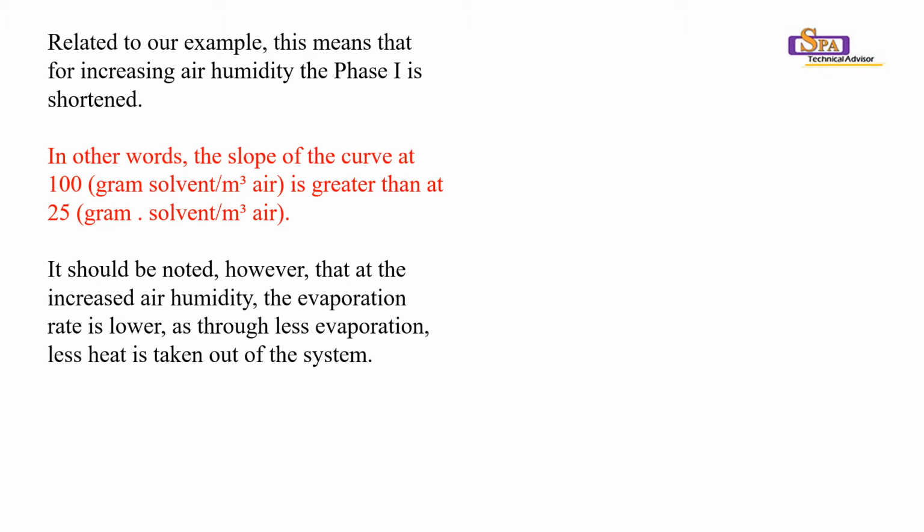Related to our example, this means that for increasing air humidity, the phase 1 is shortened. In other words, the slope of the curve at 100 grams solvent per cubic meter of air is greater than at 25 grams of solvent in cubic meter of air.